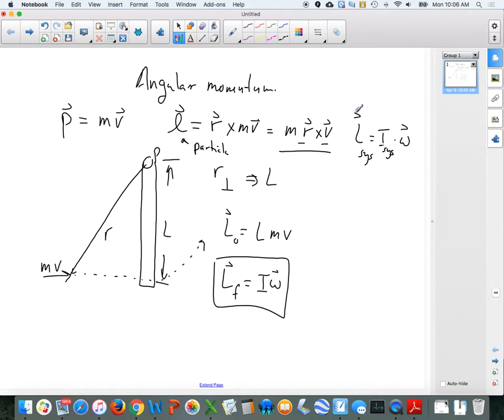So the first step is to ask, what's the I of the system? Well, I of the system would be 1/3 m L squared, which is the I of the rod pivoted about one point, plus the mass, we'll call that m2, plus mass m1 times L squared.